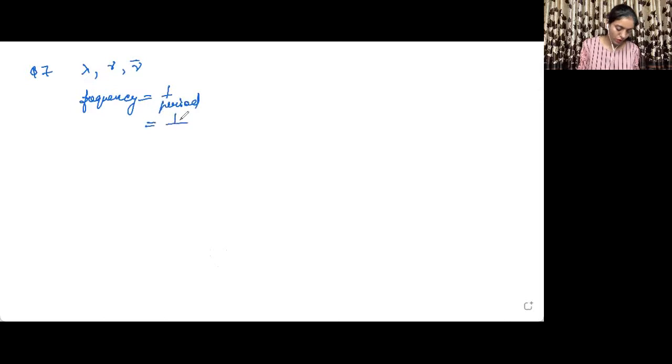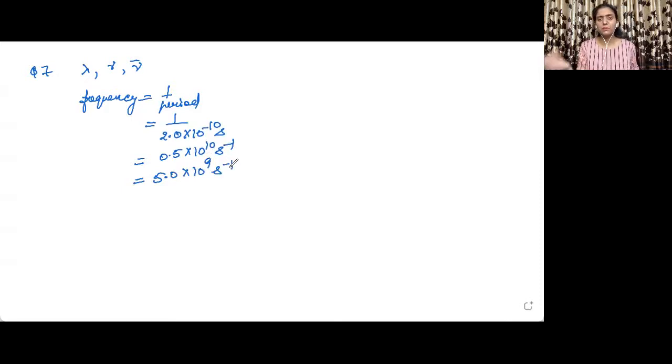It is equal to 1 upon 2.0 into 10 raised to the power minus 10 second. So it will be equal to 0.5 into 10 raised to the power 10 per second, or we can say 5.0 into 10 raised to the power 9 per second. The decimal point has been shifted to the right hand side, so it will be subtracted.